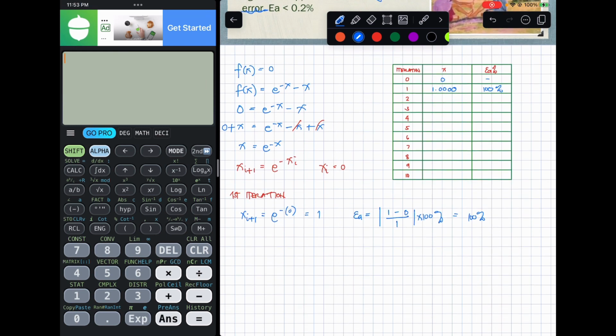For our second iteration, our previous value is 1.